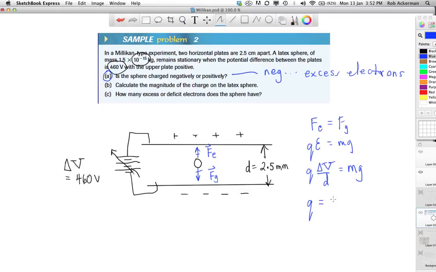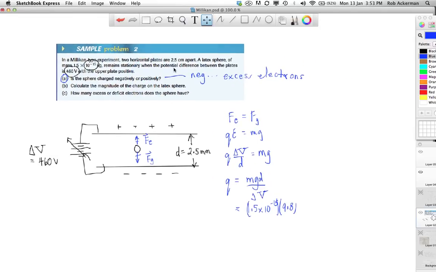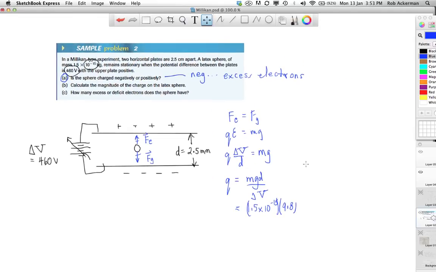Calculate the magnitude of the charge, no problem. That's going to be Q, which is mg times d over delta V. I can plug in these numbers, 1.5 times 10 to the negative 15. G is 9.8. Need a little bit more space here. Distance, make sure you convert to meters here.